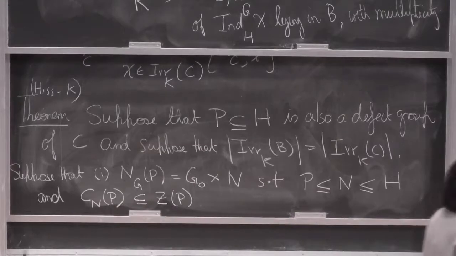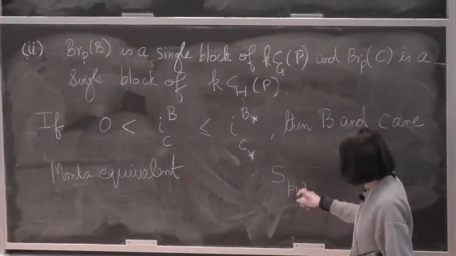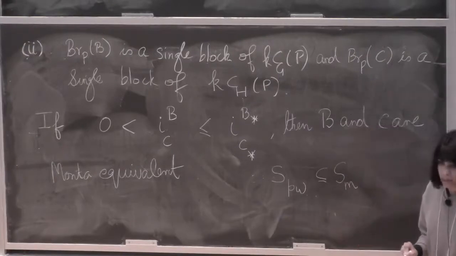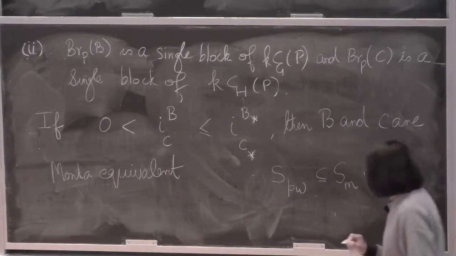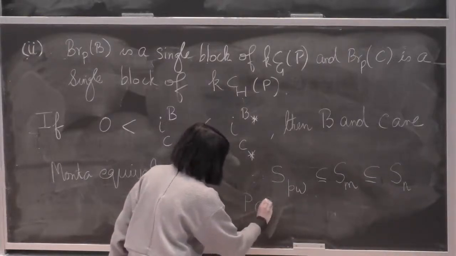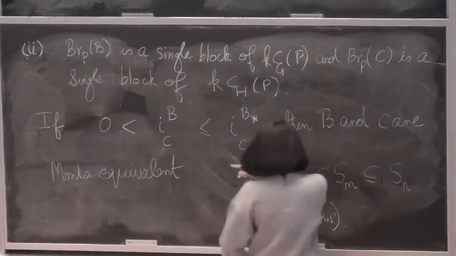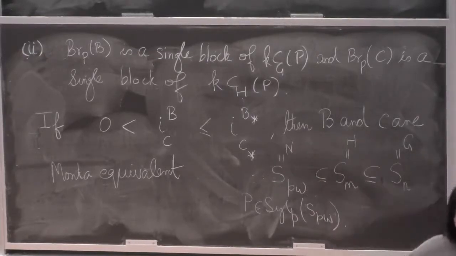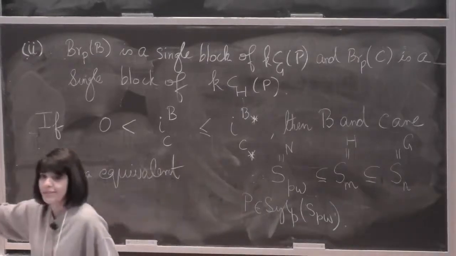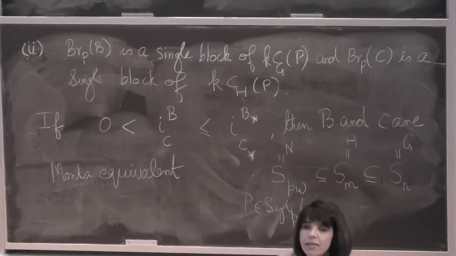For example, in the symmetric groups, you look at some multiple of some integer w, and it sits inside some symmetric group S_m in the natural way, which sits inside S_n, and you let P be a Sylow p-subgroup of S_pw. Then if I make this G, this H, and this N, you will see immediately that there is this direct product decomposition, and in the piece on which P actually sits, it's self-centralizing.